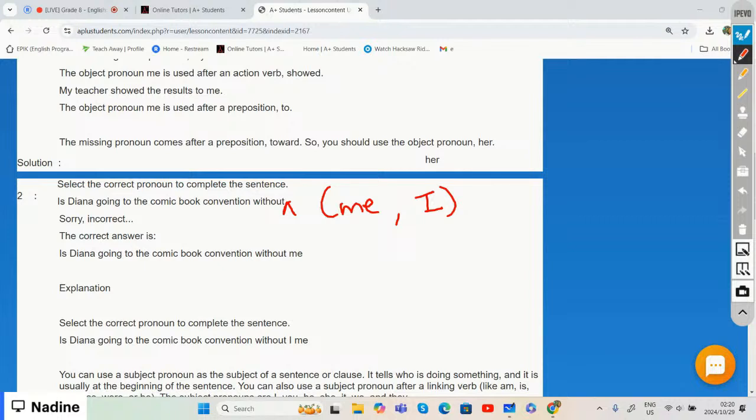All right. And if we were to select the pronoun, it says, is Diana going to the comic book convention without me or without I?